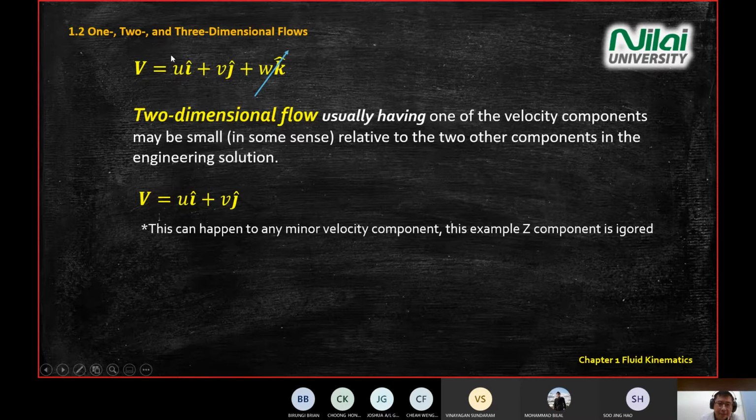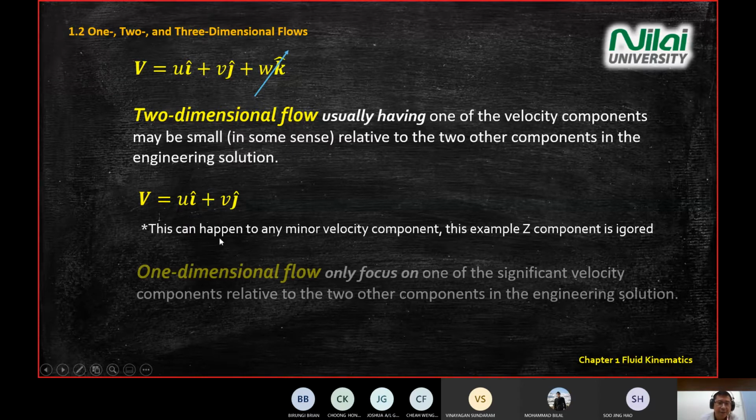Sometimes you don't have the x-axis, it will turn out to be the y-axis or z-axis. As long as it is a two-dimensional flow, you only see two terms there: either xy, or yz, or zx. And of course, for one-dimensional flow, you only have one term in the vector direction.